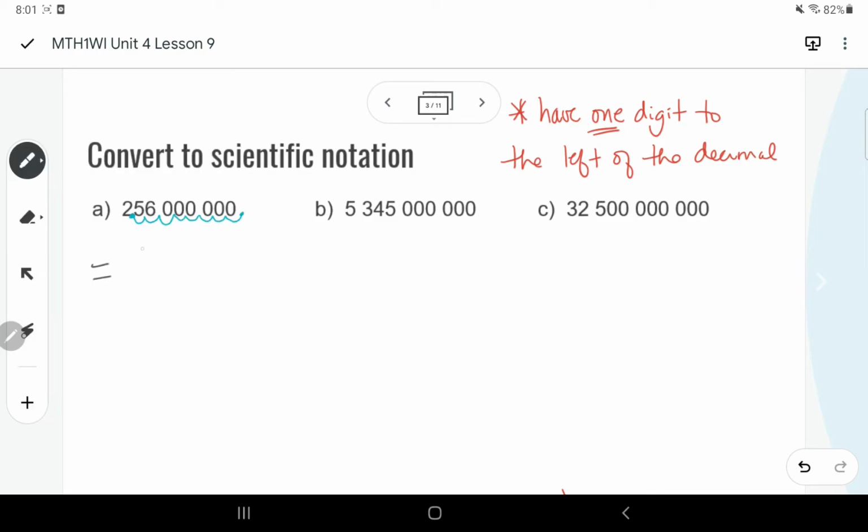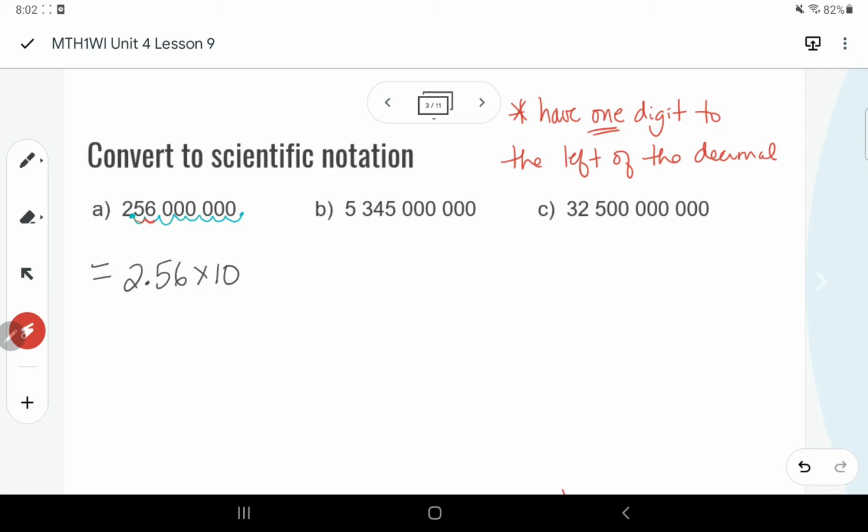So I'm going to write this as 2.56. And how many times would I have to multiply 2.56 by 10 to get back to my original number of 256 million? Each time you multiply by 10 is one step on that decimal place. It moves the decimal or puts a 0 at the end one time.